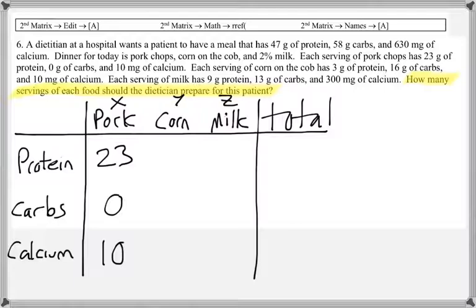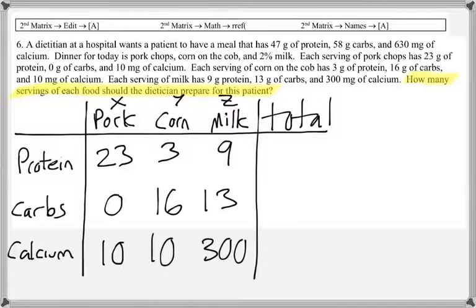The corn on the cob is going to have 3, 16, and 10. The milk is going to be 9, 13, and 300. And then the totals actually are at the very top. They're actually listed kind of first, that we need 47 protein, 58 carbs, and 630 calcium.